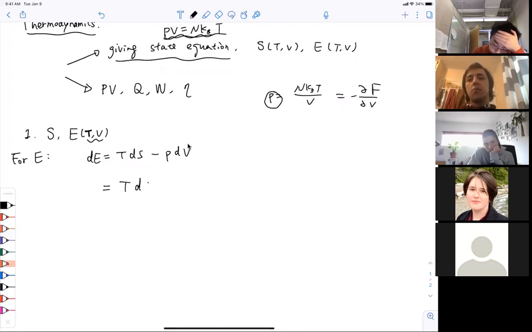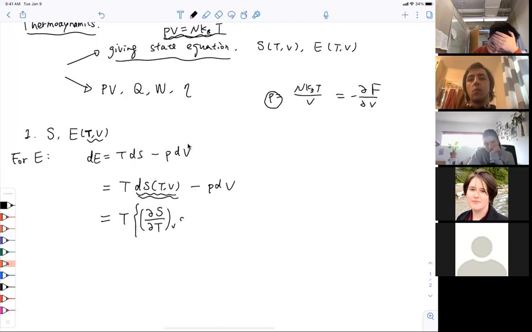So this is a function of T and V. We know what this guy is, just partial S, partial T dT, plus partial S partial V at fixed T dV, right?